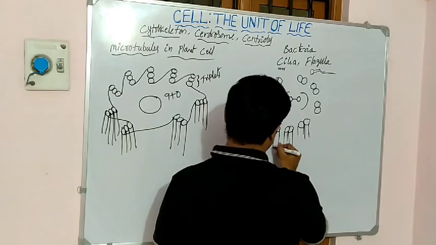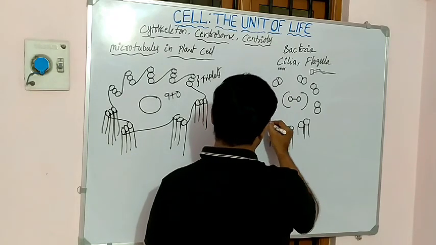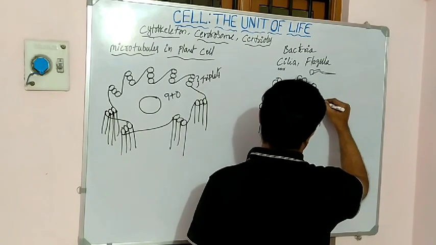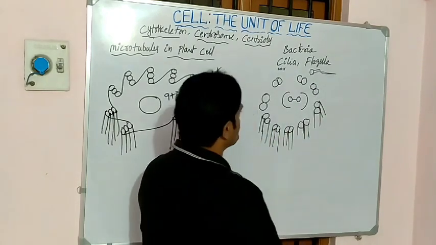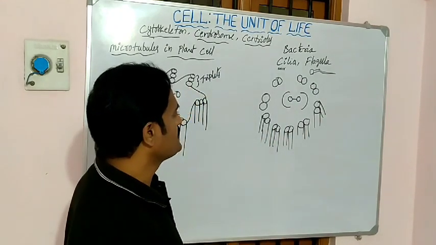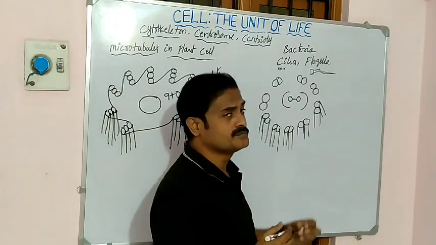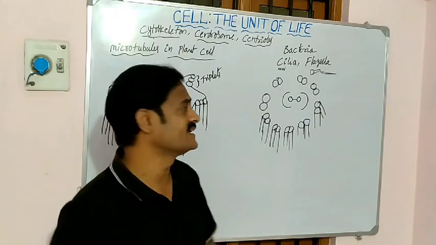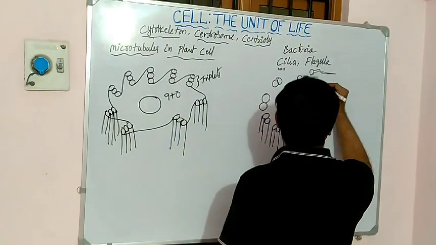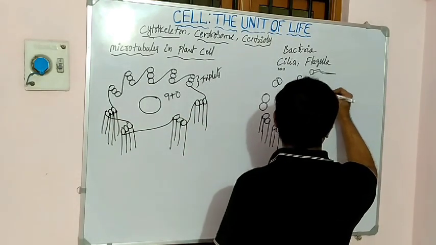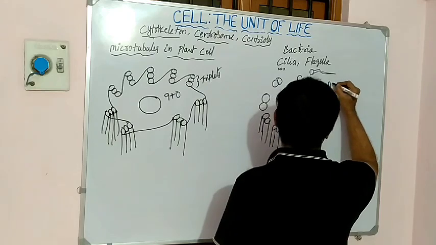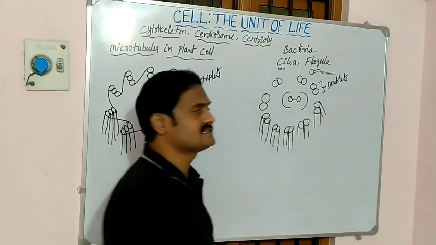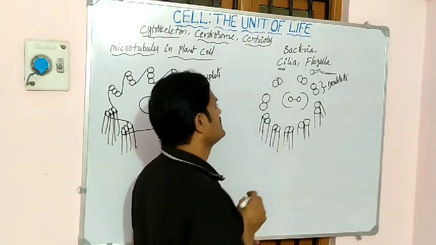These are called microtubules. So here 2 microtubules combine together to form one structure, one arrangement. This kind of arrangement is called a doublet. Double means two microtubules.